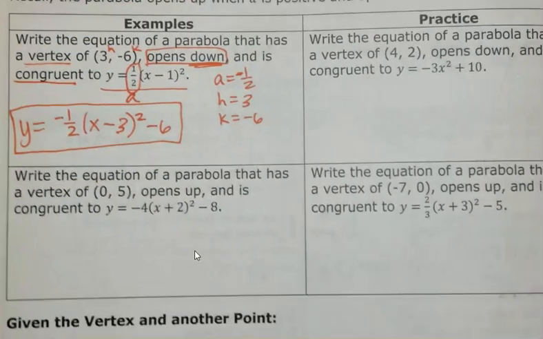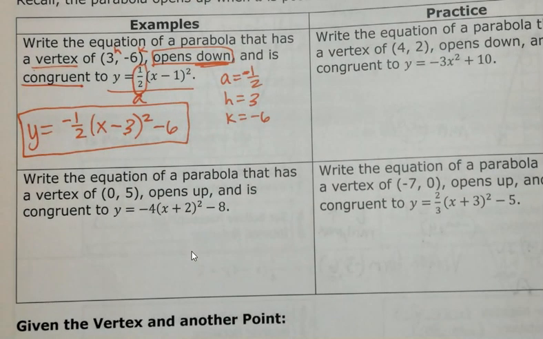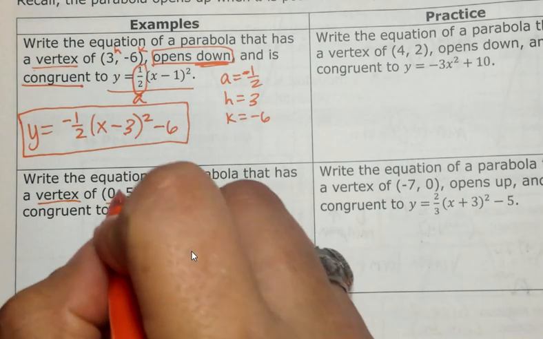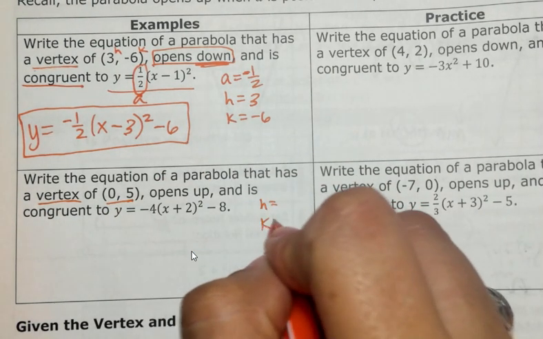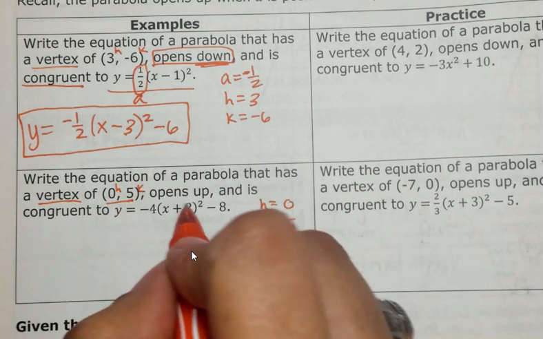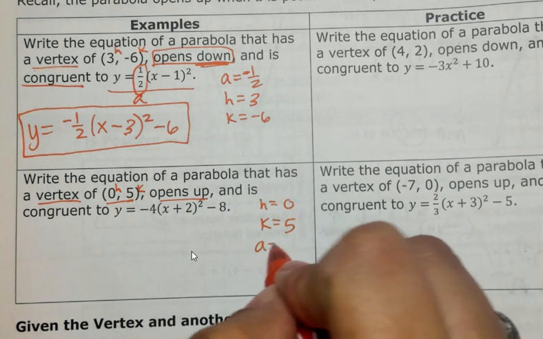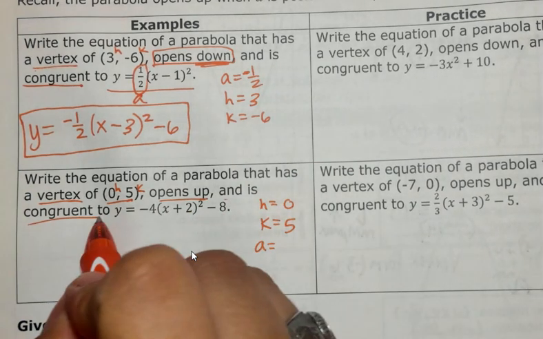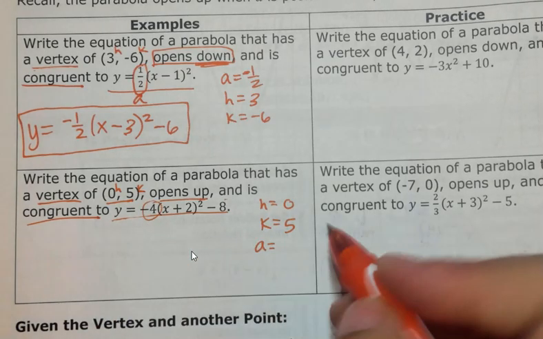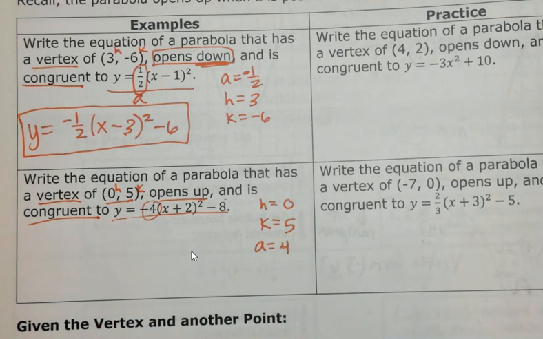We have: write an equation of a parabola that has a vertex of 0, 5. That's your H and your K. It opens up, so the A value is positive, and it's congruent to this one. The A value here is 4, so a positive 4.